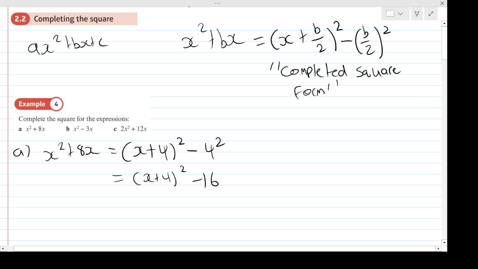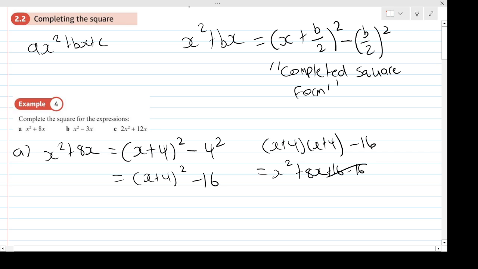And again, you can see that's true. Let me just show it's true for this case. You know it's true because you can expand the brackets and you'll get back the original. So if I expand it, x plus 4 squared, that's x plus 4 times x plus 4, and we have minus 16. If I expand, it's going to be x squared plus 4x plus another 4x, that'd be 8x, and then plus 16, take away 16.